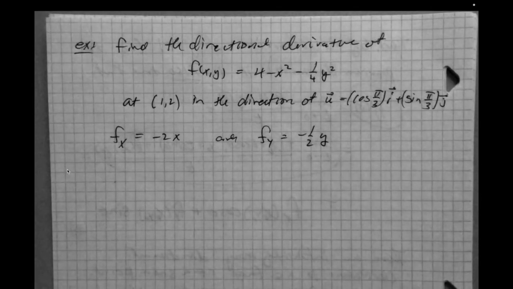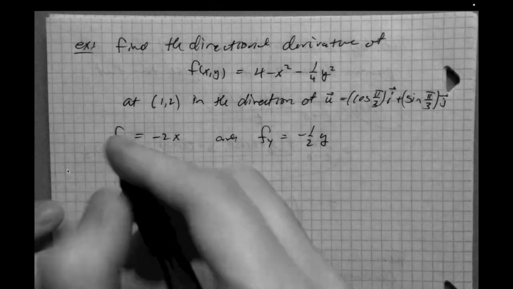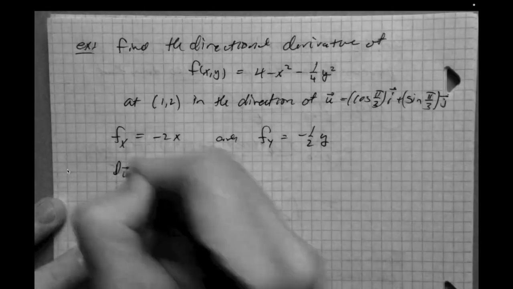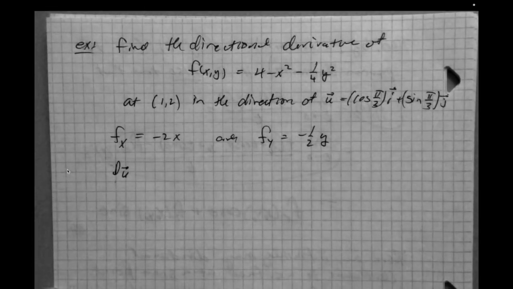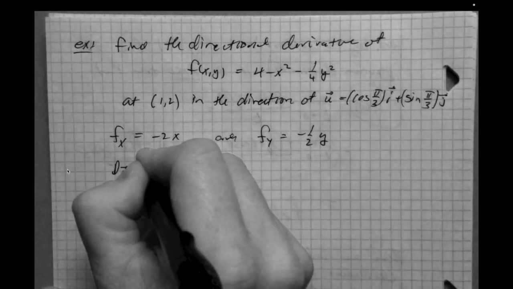Okay, and so that's f sub x and f sub y. We can see that the partial derivatives exist and they're continuous. Remember, f has to be differentiable, which means the partials exist and are continuous, and that's true here.